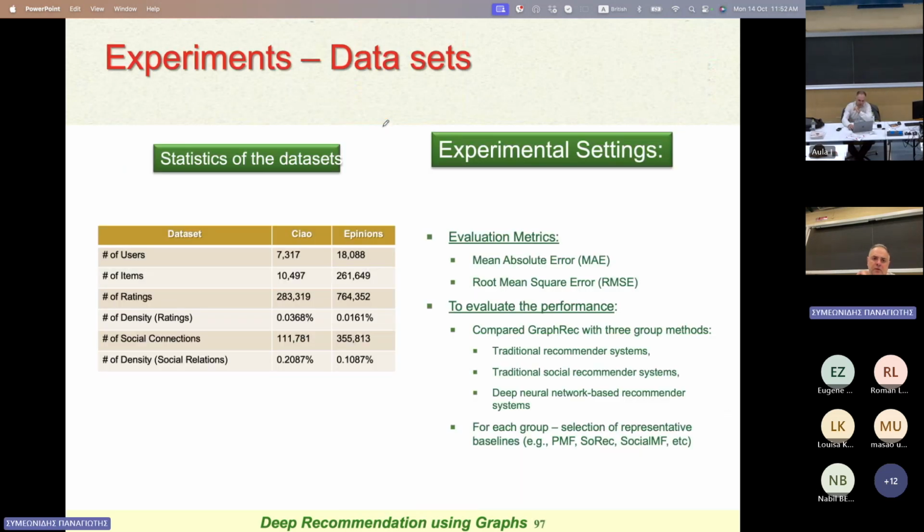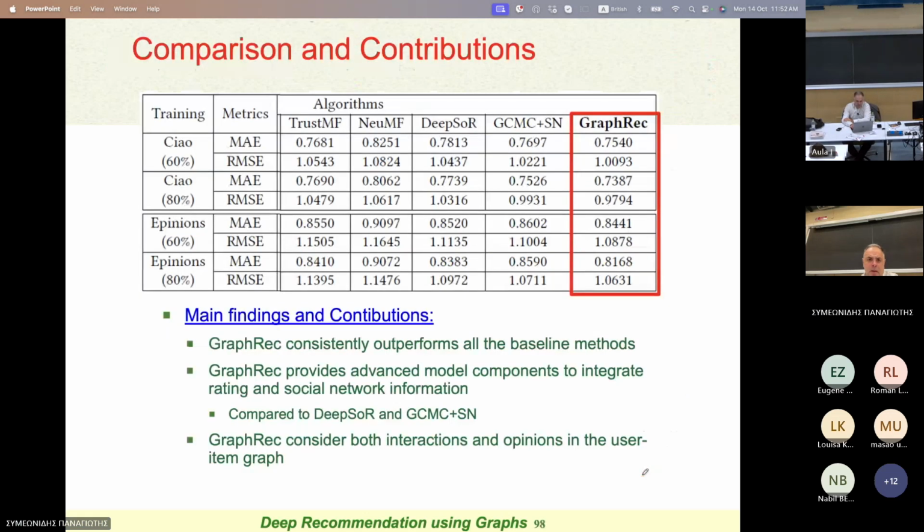And we have some experiments here on two datasets, Ciao and Epinions. They wanted to measure the mean absolute error and the root mean squared error. They have some baselines also, the probabilistic matrix factorization and the social matrix factorization. And here we can see the results.